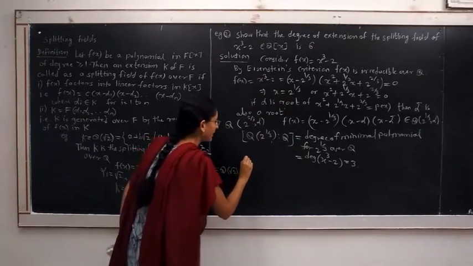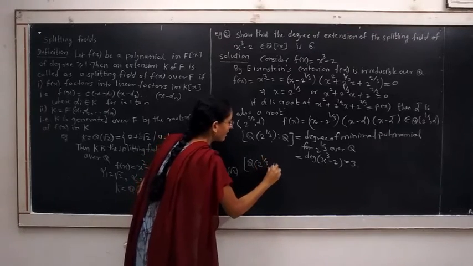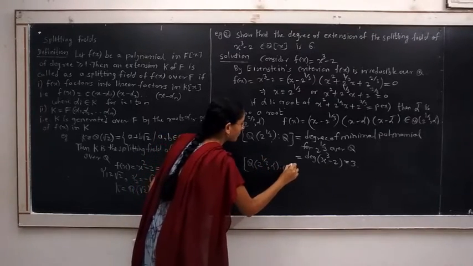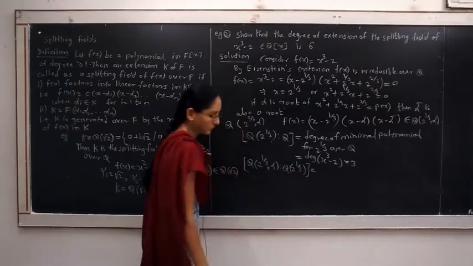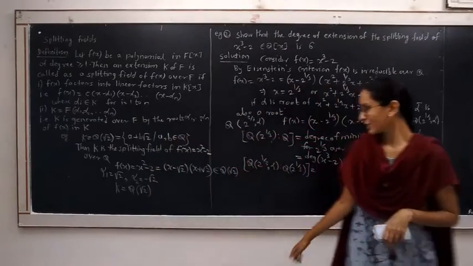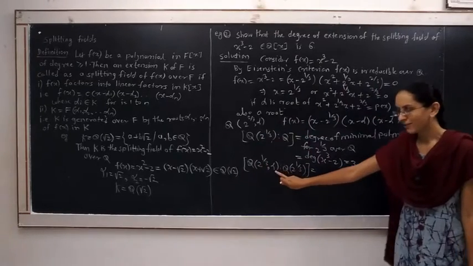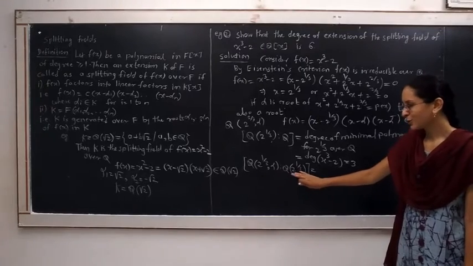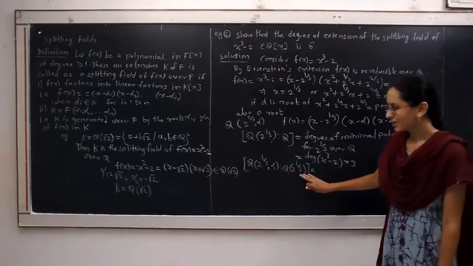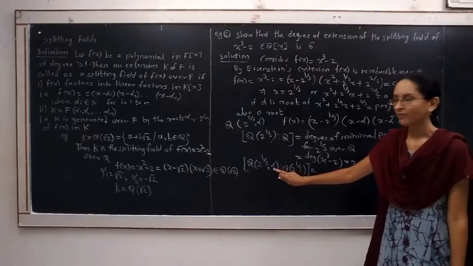Also, for the degree of extension of Q joining 2 raised to 1/3 and alpha over Q joining 2 raised to 1/3, we require the minimal polynomial for alpha only. 2 raised to 1/3 belongs to the field Q joining 2 raised to 1/3. Hence, we only need the minimal polynomial for alpha.